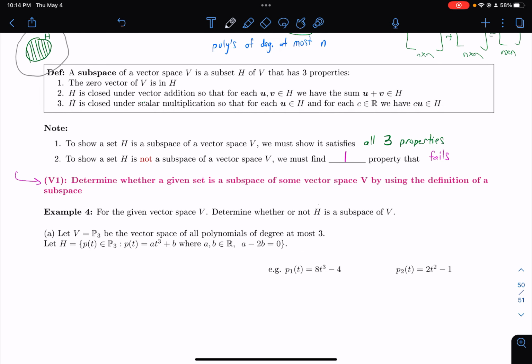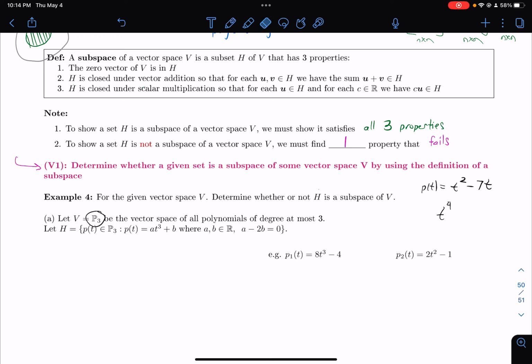So something like t squared minus 7t, that's in P3 because its degree is not bigger than 3. It's at most 3. That's definitely in P3. But if I did something like t to the 4, well, that would not be in V because its degree is too big. Okay. All right, so then what is H?